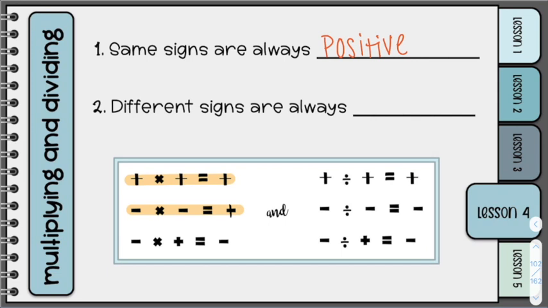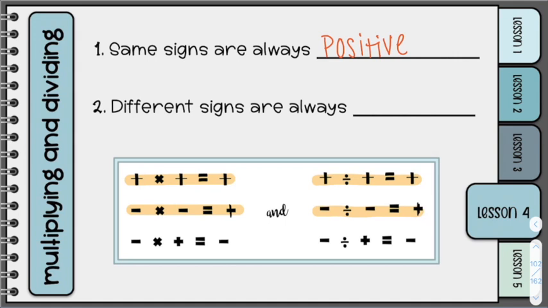When you divide, a positive divided by a positive is positive, and negative divided by a negative will also be positive. So the same signs are going to be positive.